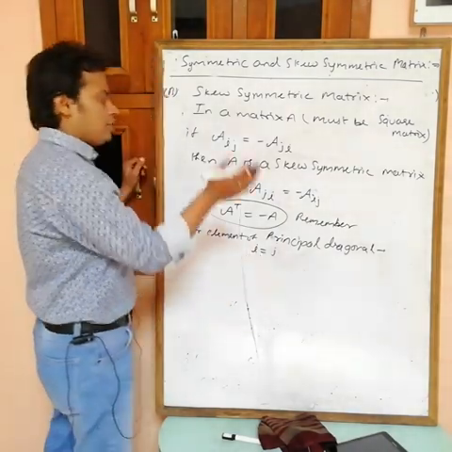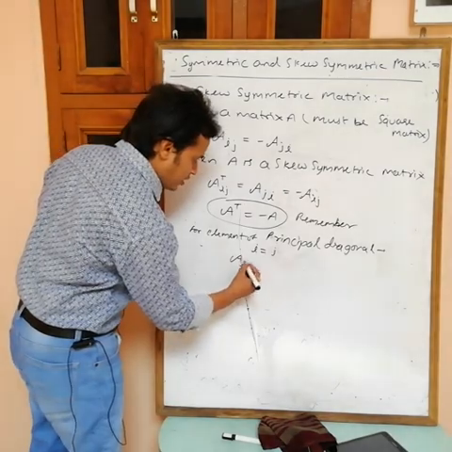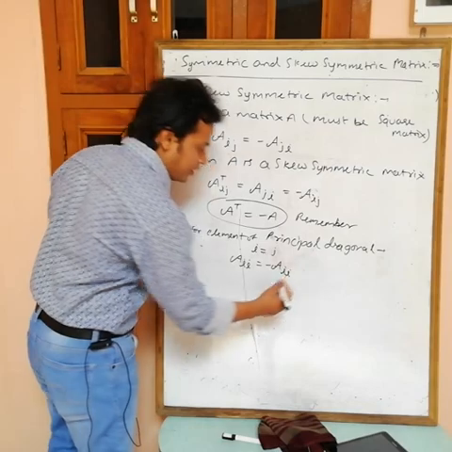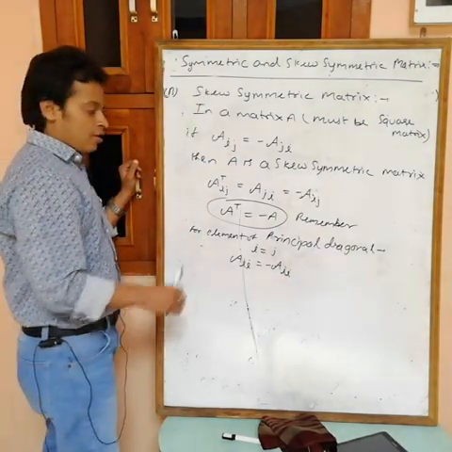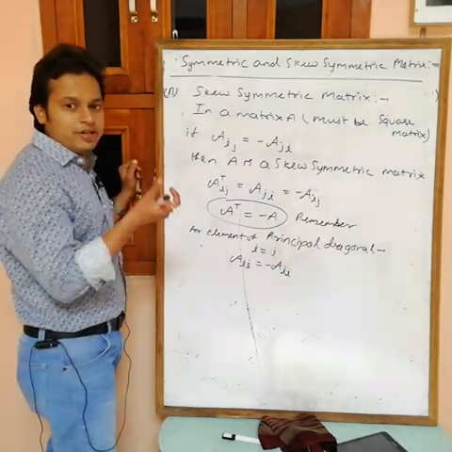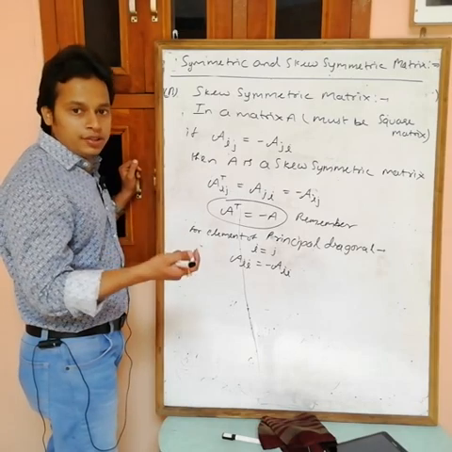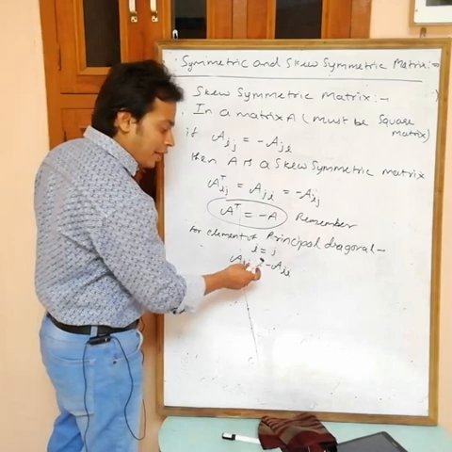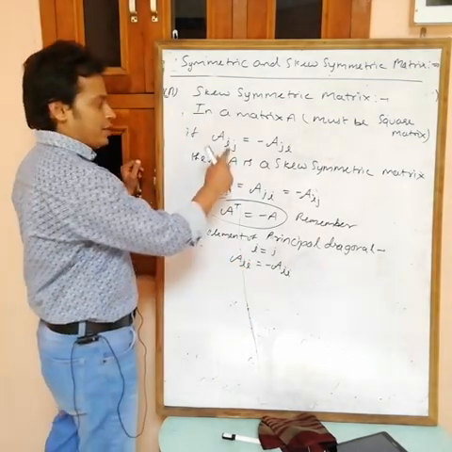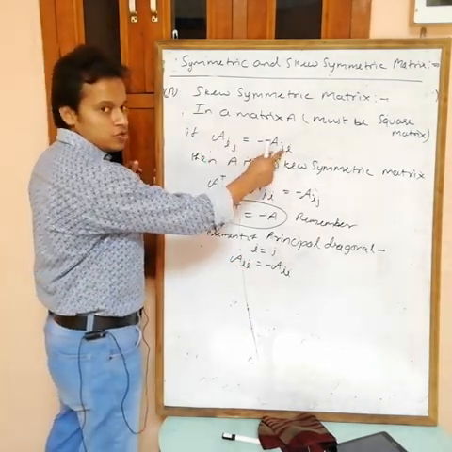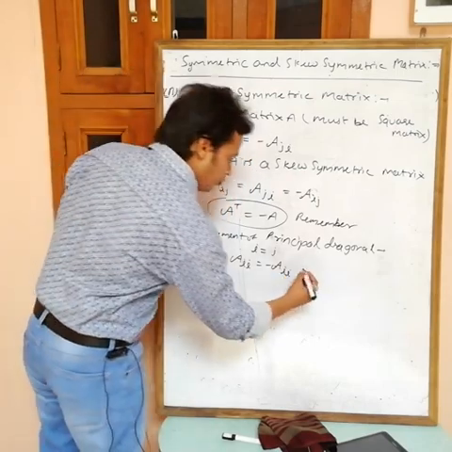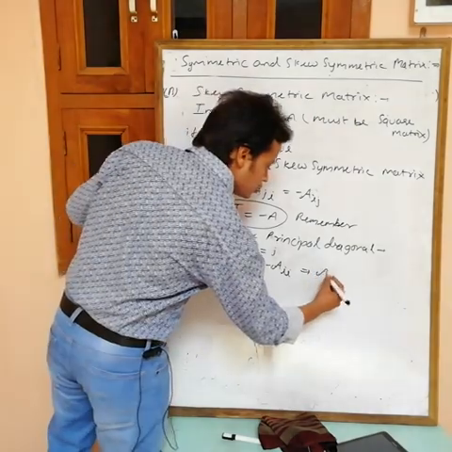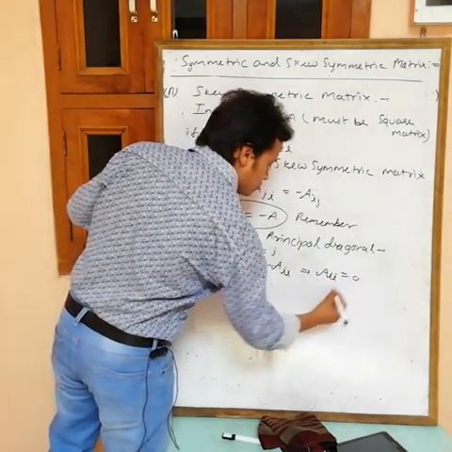Now put i equals j in this one. What are we getting? aii is equal to minus of aii. Actually, principal diagonal elements are a11, a22, a33, i equals j. So aii is equal to minus of aii. I am just replacing j equals i in this definition. Then from this one, what we are getting is 2 aii equals 0. So aii equals 0.